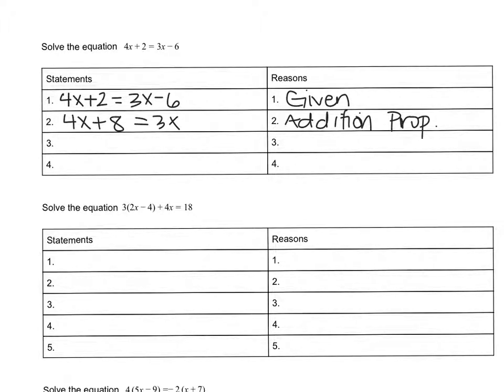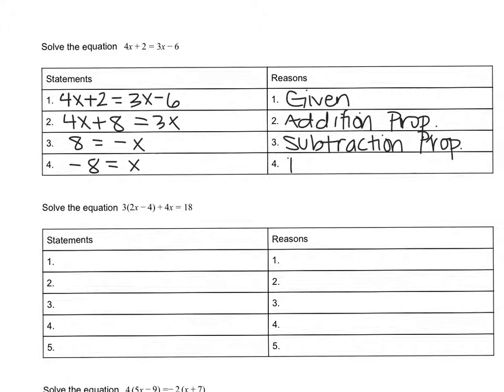Now I want to work on getting x by itself, so I could subtract 4x from both sides. So I get 8 equals negative x. That's what I get when I subtract. So that reason would be the subtraction property. And typically, x can't be negative, so my last step would divide both sides by negative 1, so that I get negative 8 equals x.